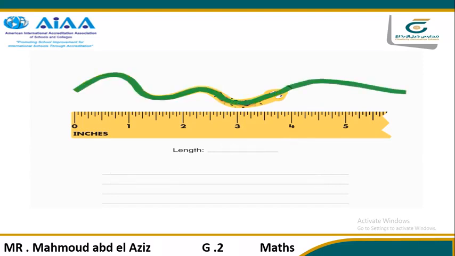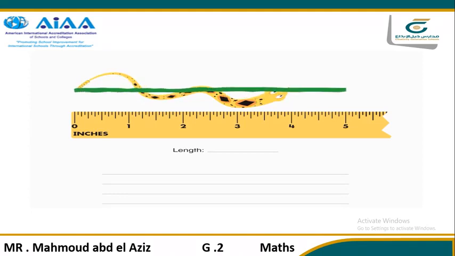Listen and look for other students who measure with more precision by placing a string along the length of the snake, cutting the string where it reaches the end of the snake, and then measuring the length of the straightened string. Encourage these students to measure the length twice to make sure the measurement is accurate.